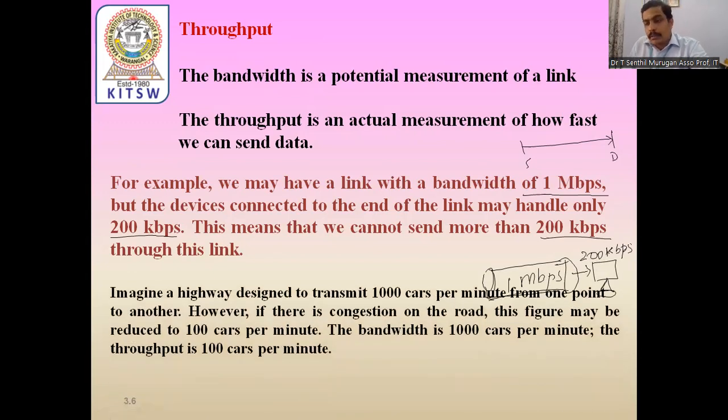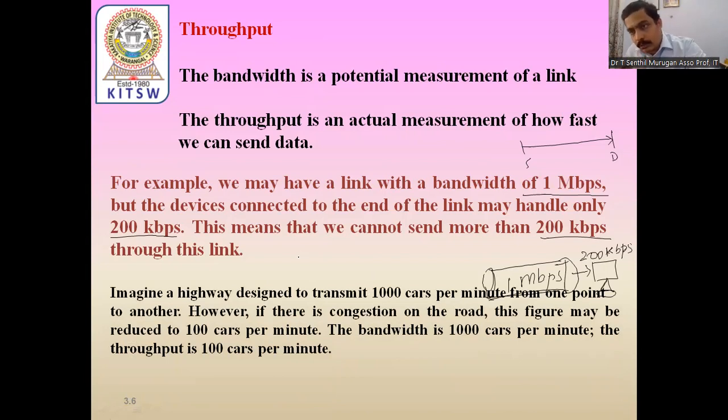For example, a highway is designed so that 1000 cars per minute can move. The capacity is 1000 cars per minute. But normally only 100 cars per minute move. Why? Due to congestion.